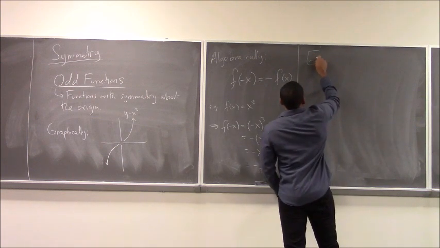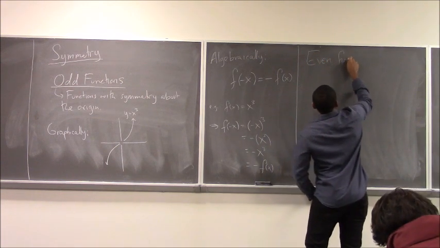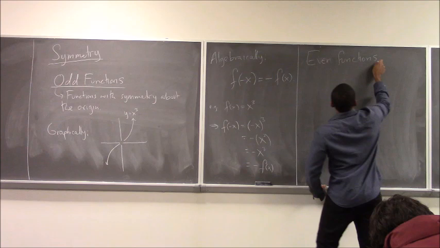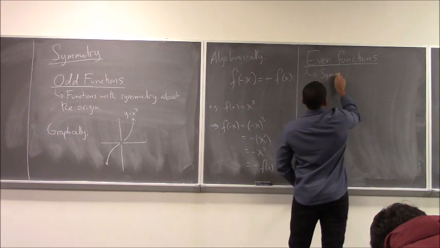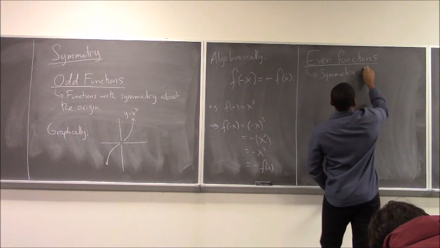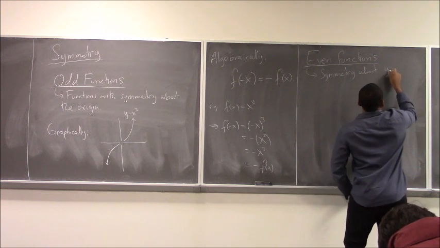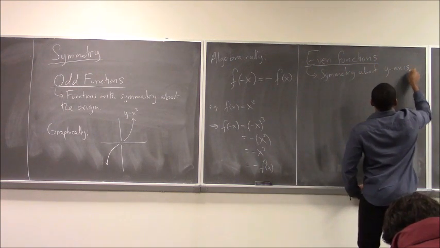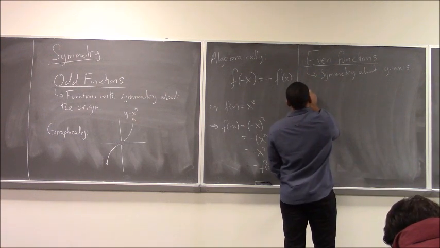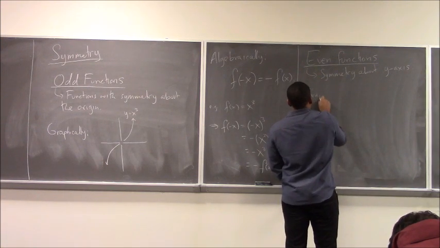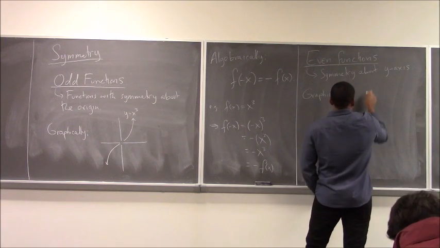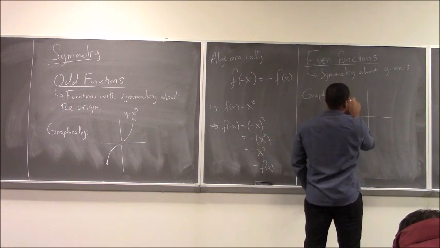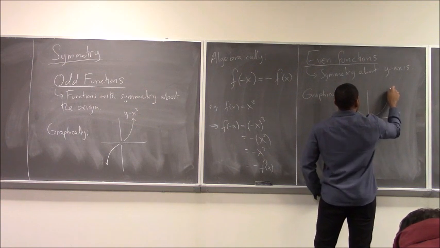Another kind of symmetry that we care about is even functions. These have symmetry about the y-axis. Graphically, that means the following. Something like y equals x squared exhibits this symmetry.